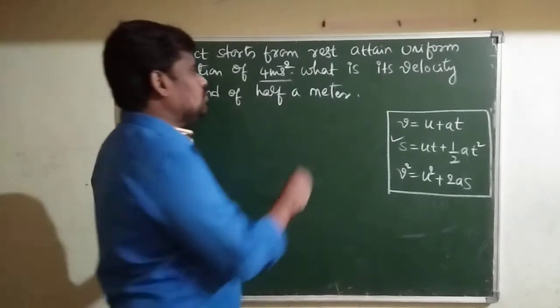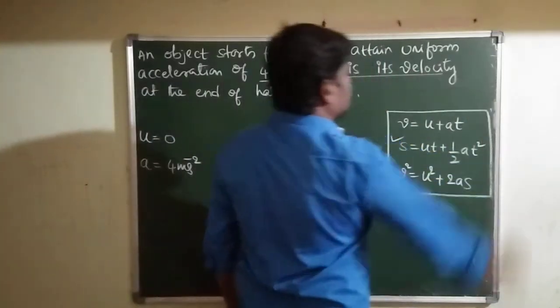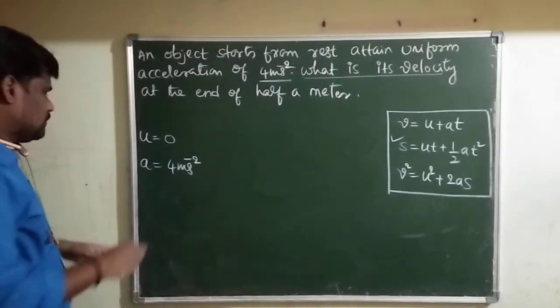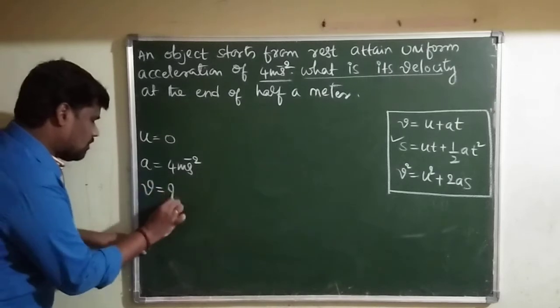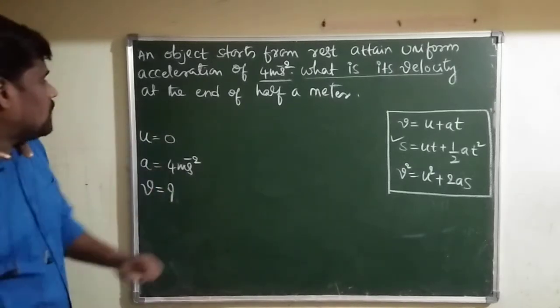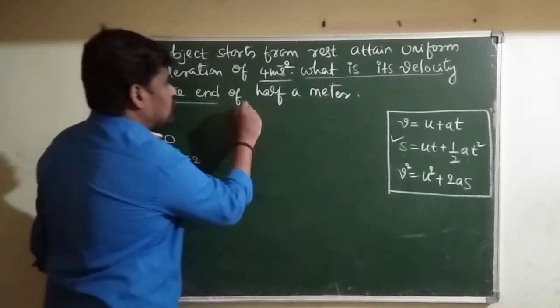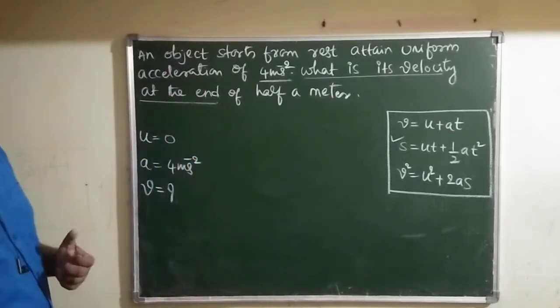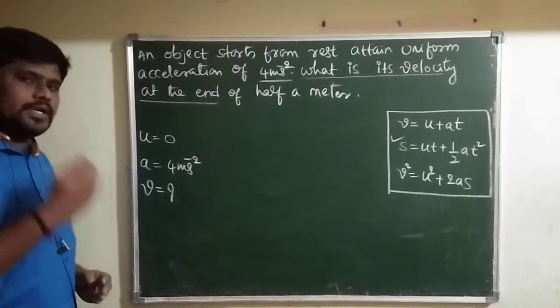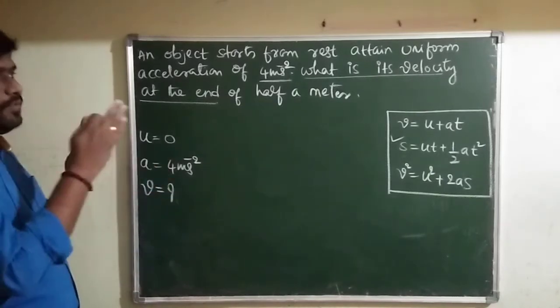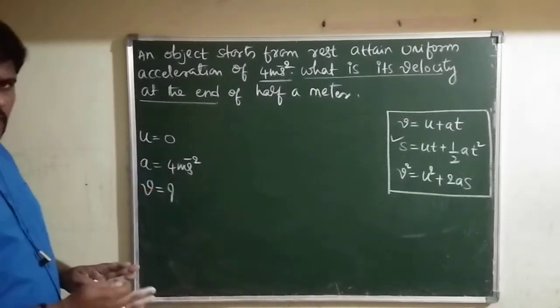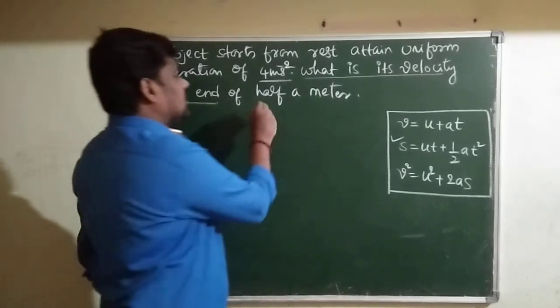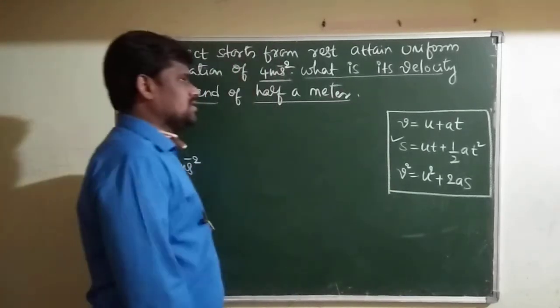So they are asking you to calculate its final velocity. What is its velocity at the end of half a meter? They are asking you to determine the velocity of the object after covering how much distance?